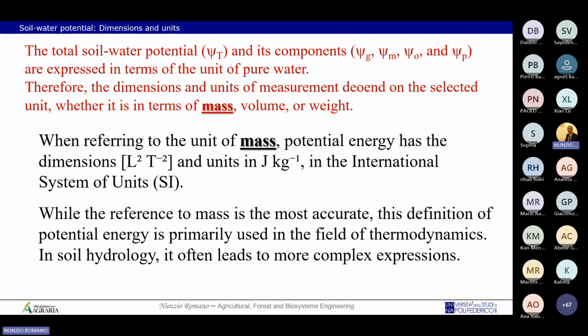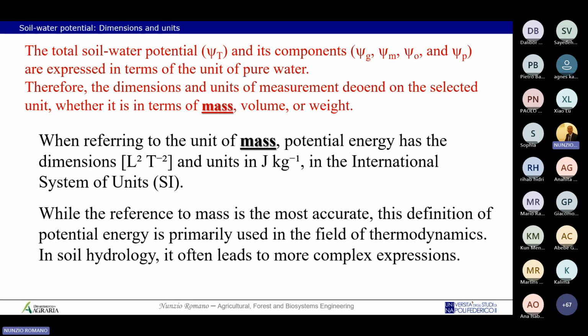But usually in soil hydrology, we don't use this too much. This is used in thermodynamics or in chemistry. The chemistry people prefer to use joule per kilogram, of course, because mass cannot change, only be transformed. The Lavoisier principle.